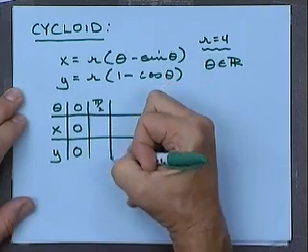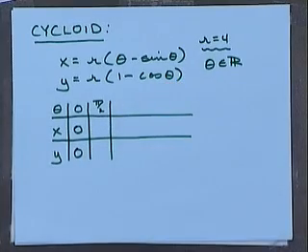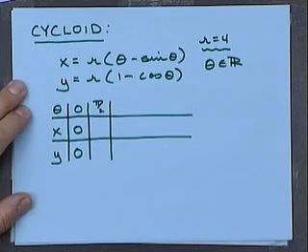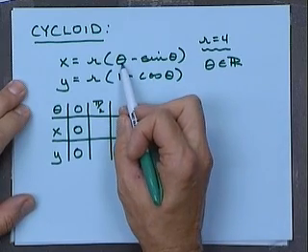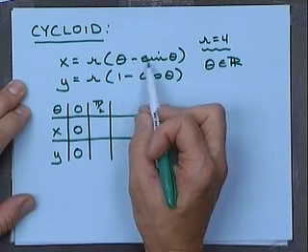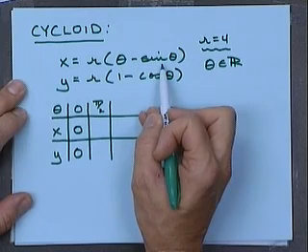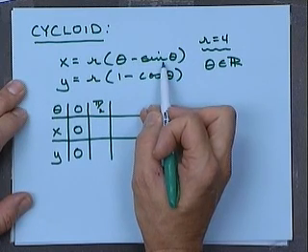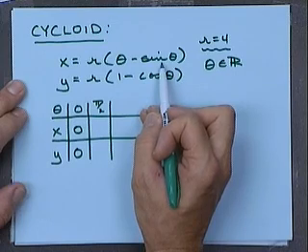Okay, let's avoid a couple of intermediate values and roll on to pi over 2. So we've rolled it through this central angle of pi over 2 radians. So that'd be pi over 2 minus the sine of pi over 2. What's the sine of pi over 2? That'd be 1.